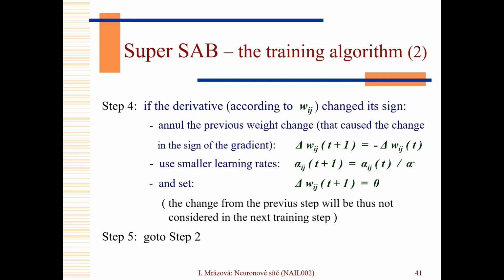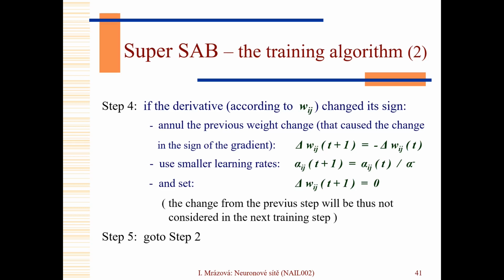So we will annul the previous weight change that caused the wrong step and changing the sign of the gradient. So we can implement this step as setting delta wij at iteration t plus 1 equal to minus delta wij at the iteration t. So this was the wrong step. So by doing this, we will annul it.